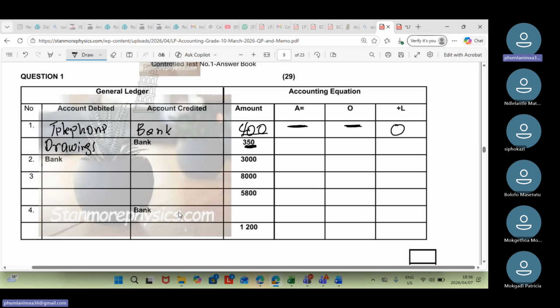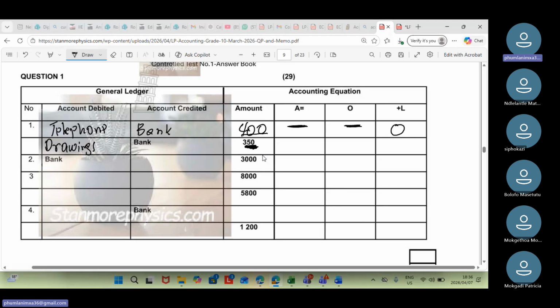That is the account to be debited. What are we going to credit? We are already given that we need to credit bank because we are paying. Whenever we are paying, guys, bank is decreasing on the credit side. That is the account to be credited because we are taking money away from our bank account. How much is 350?